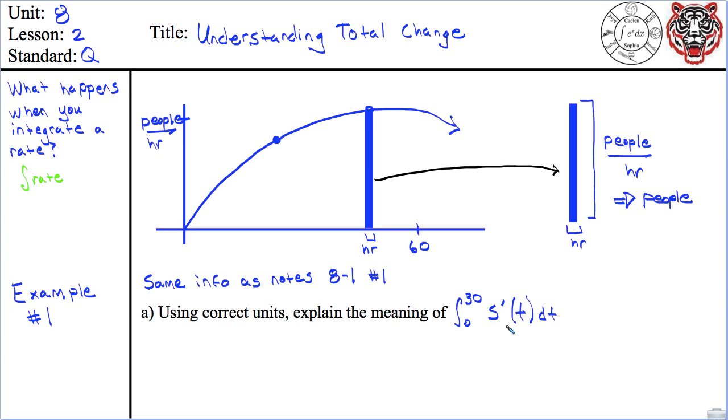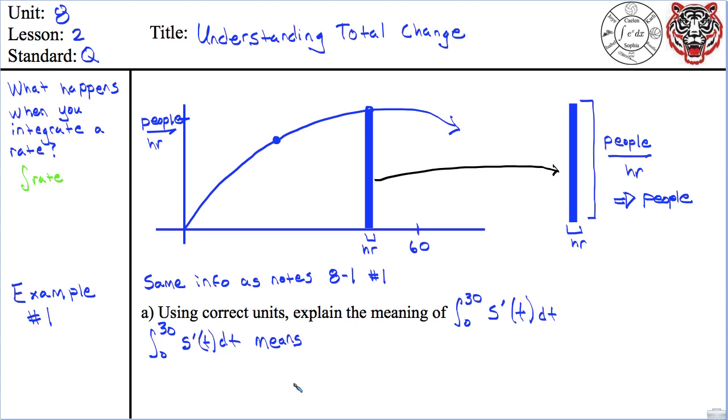So this was the rate of water collected. So how are we going to translate that? We can start off our sentence: the integral between 0 and 30 of s prime of t dt means what?